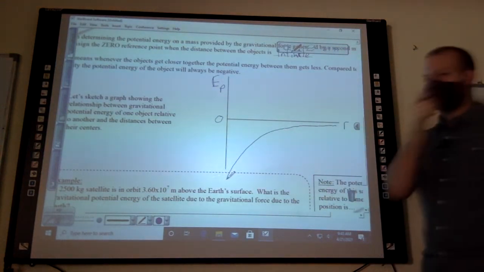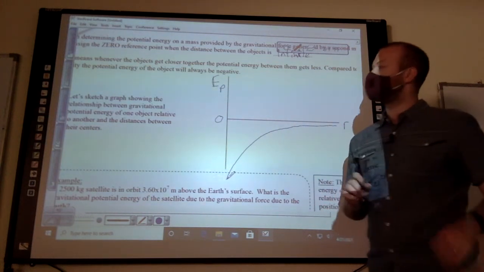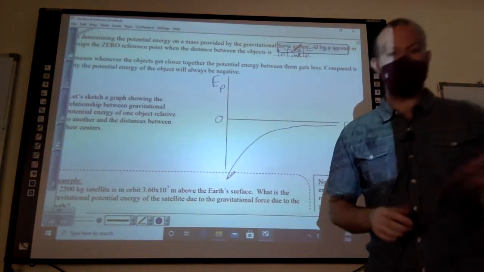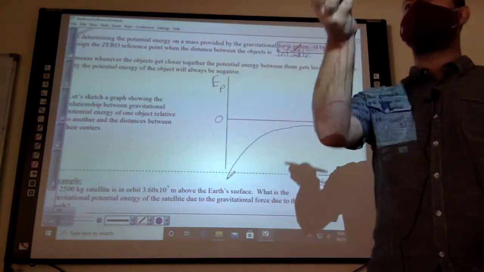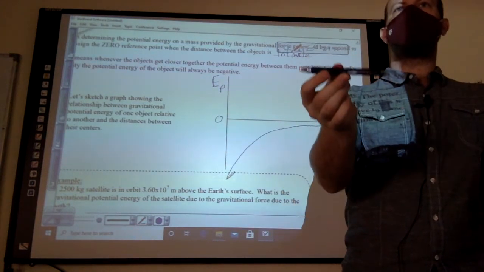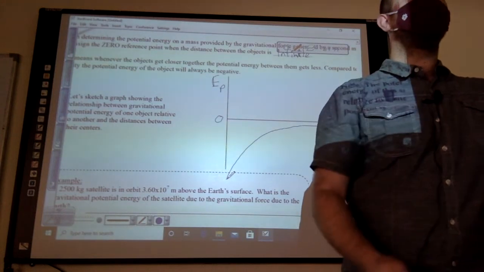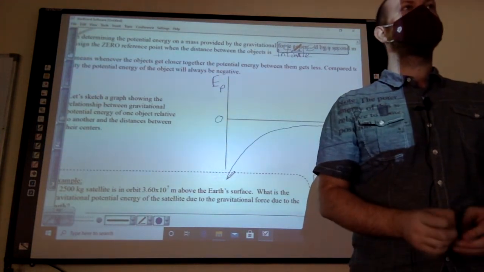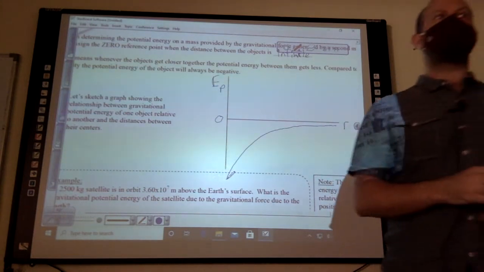So as I get closer and closer, potential energy gets smaller. Same thing if I look at my pen above the desk. If my 0 point's the desk, it has some potential energy. Potential energy gets smaller and smaller till it reaches 0. Why is it 0? Because that's what we set it as.